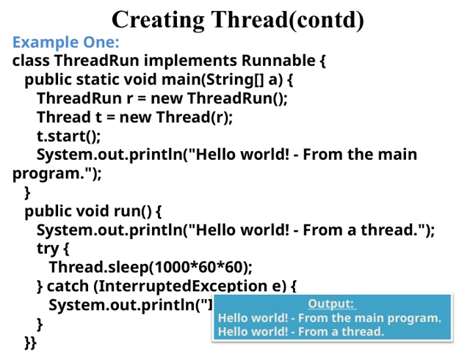The run method also contains a try-catch block, where the thread sleeps for an hour, specifically 1,000 milliseconds times 60 seconds times 60 minutes. This pause simulates some long-running task. If the thread gets interrupted during sleep, it catches the InterruptedException and prints "Interrupted."